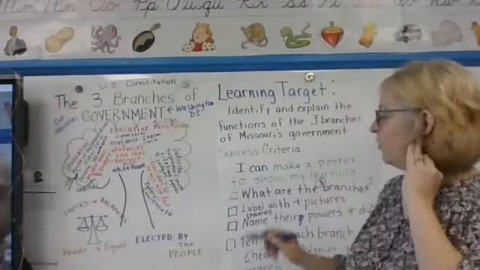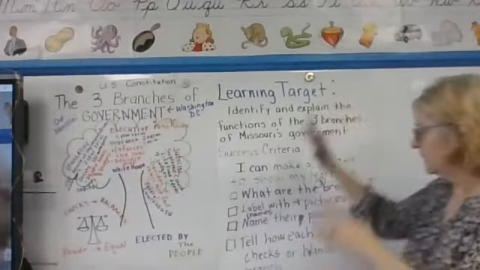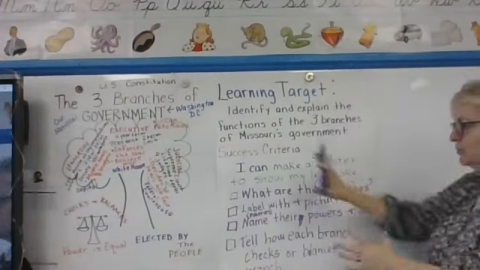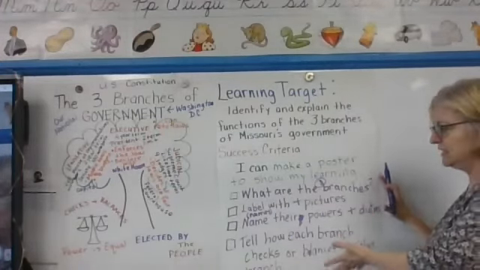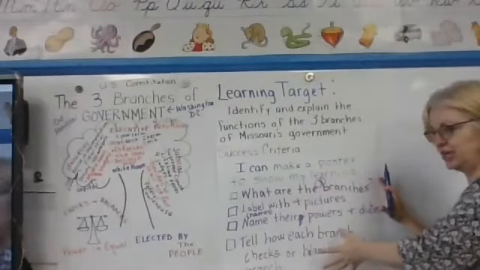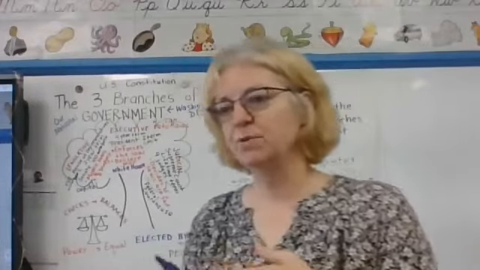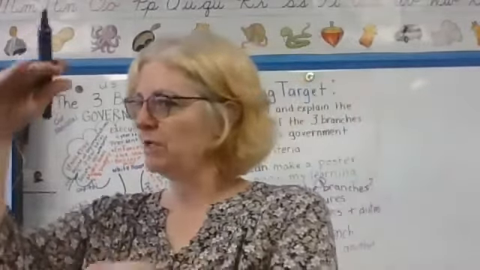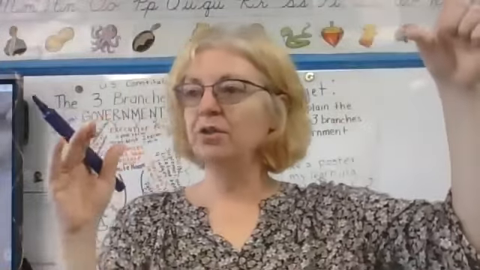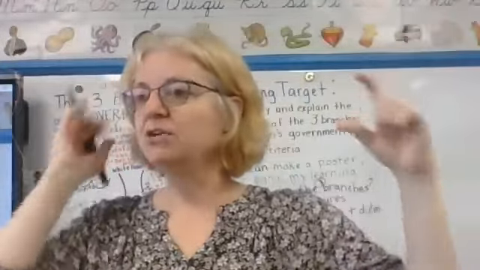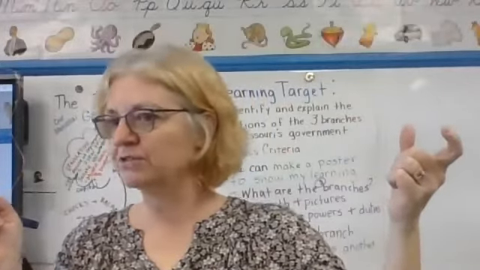Okay, so we're going to use this example. We're going to do the things that we said. We're going to list these things and check them off when we're making our posters. I think our first step is that I'm going to give each of you a small one, and you're going to draw your executive branch and your legislative and your judicial. It can be a symbol, it can be a photo. I'll have photos available.